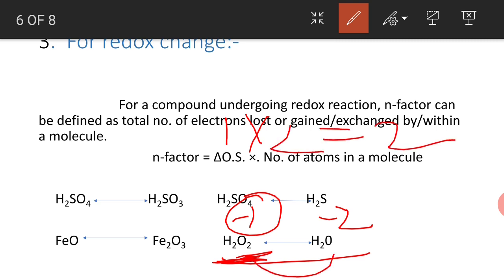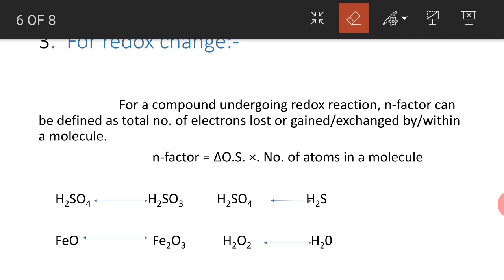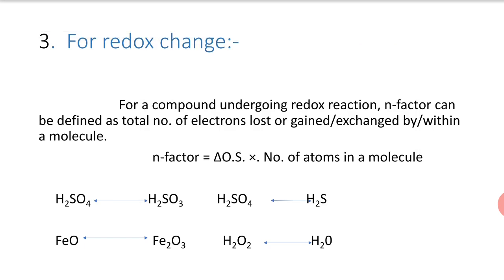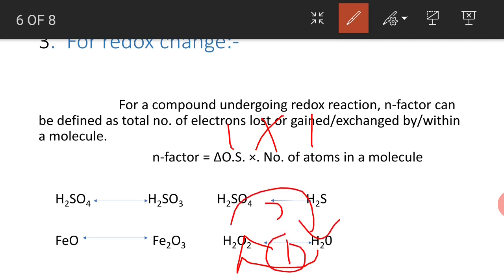And for the reverse reaction, the change in oxidation state is 1 and the number of atoms is also 1. That's why for the reverse reaction the N factor will be 1, and for the forward reaction the N factor will be 2.